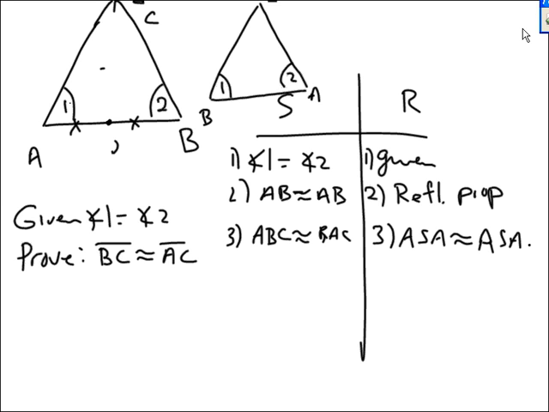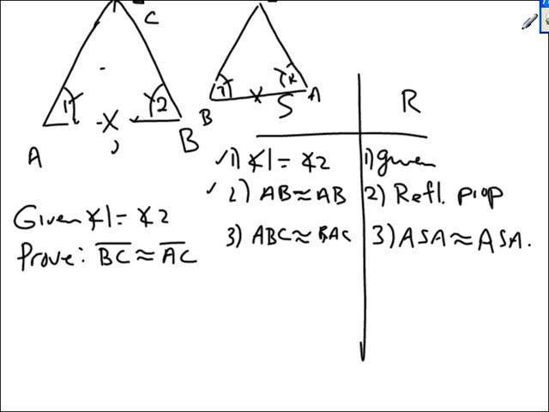I do have one typo, 2 and 1. We're given that this angle and this angle are equal. Angle 1 equals angle 2. And we're also given that those two angles are equal. In fact, those four angles are equal. And of course, AB and BA are equal. Those are the two statements that I said.